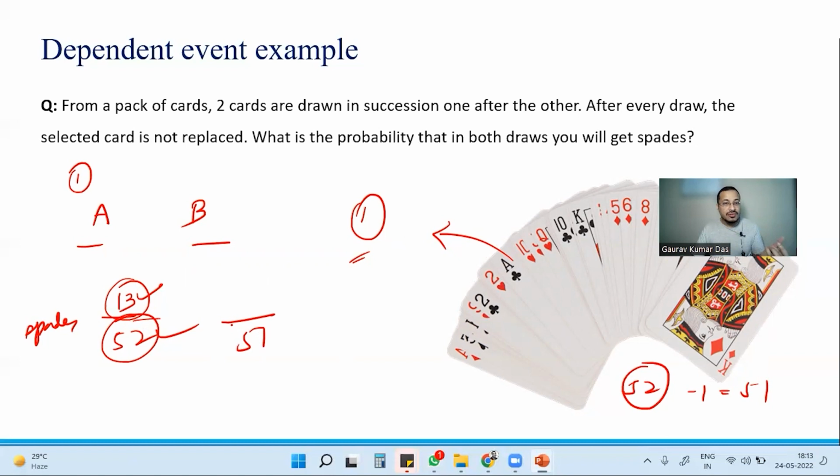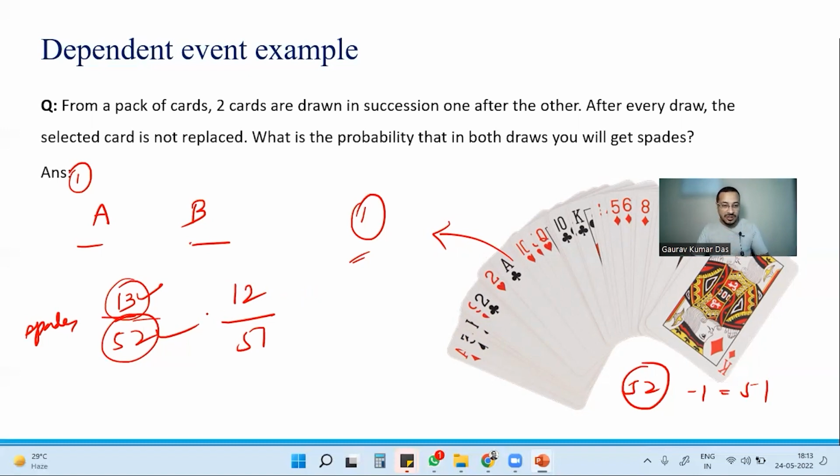Right? So after you pulled one card out, my chances of getting a spade also reduced. So we also have to subtract 1 from the numerator. So my favorable number of outcomes will reduce to 12. That too, they want spades in both the draws.